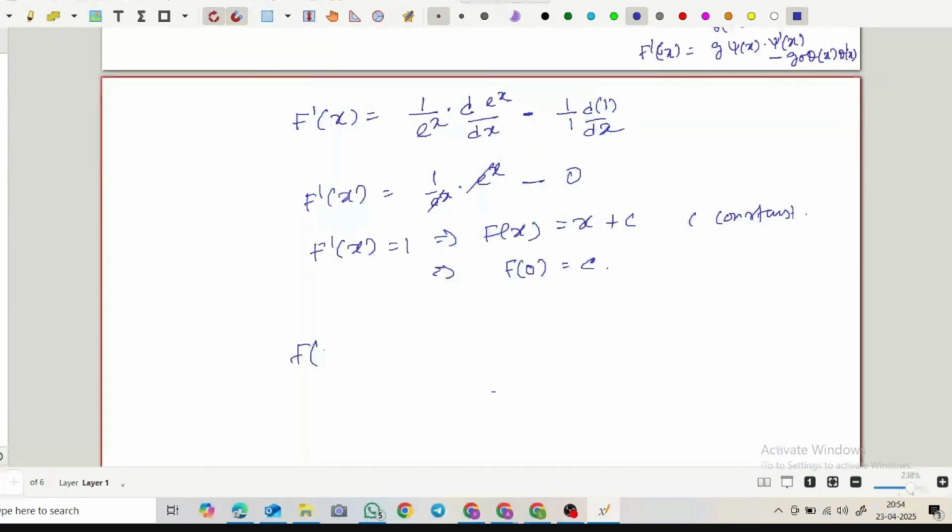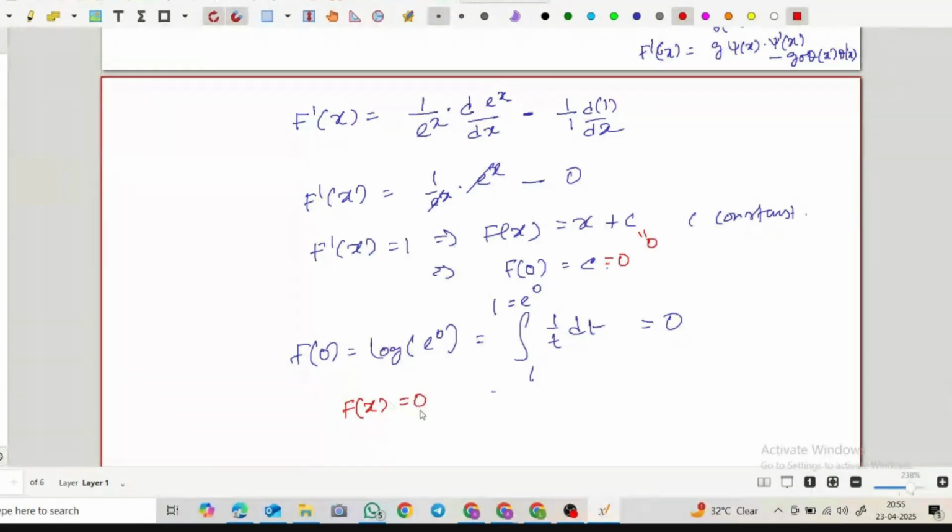So f(0) is by our definition log of e to the power 0, which we define to be this integral, but this is 1, right? Hence the integral is 0 because we are integrating from 1 to 1. Thus you have c equals 0. So now you have f(x) equals x.